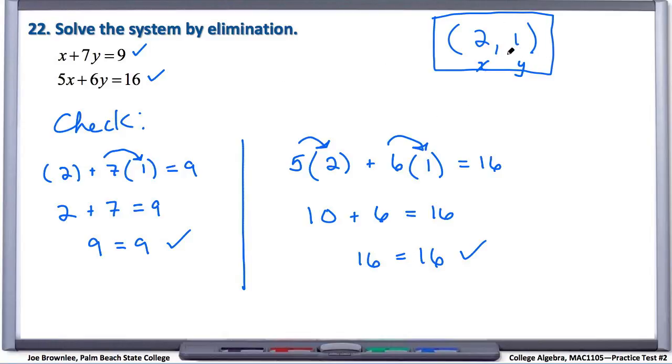So definitely on a test, I recommend whatever you find to be your solution, take the 30 seconds or 60 seconds, take that solution, plug it back in to verify that it works in both of the equations, or if we had 3 equations, you're going to plug it back into all 3. It's a surefire way to make sure that the algebra you did finding this ordered pair is in fact correct, and so that you know with confidence that if it works in both equations of the system, you definitely got this one correct.